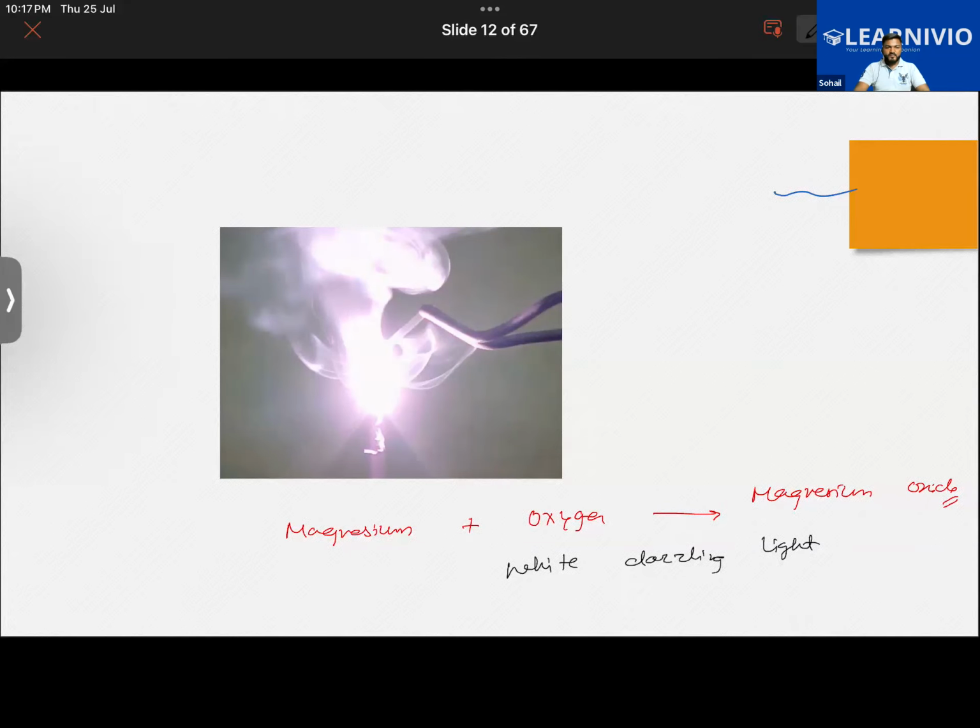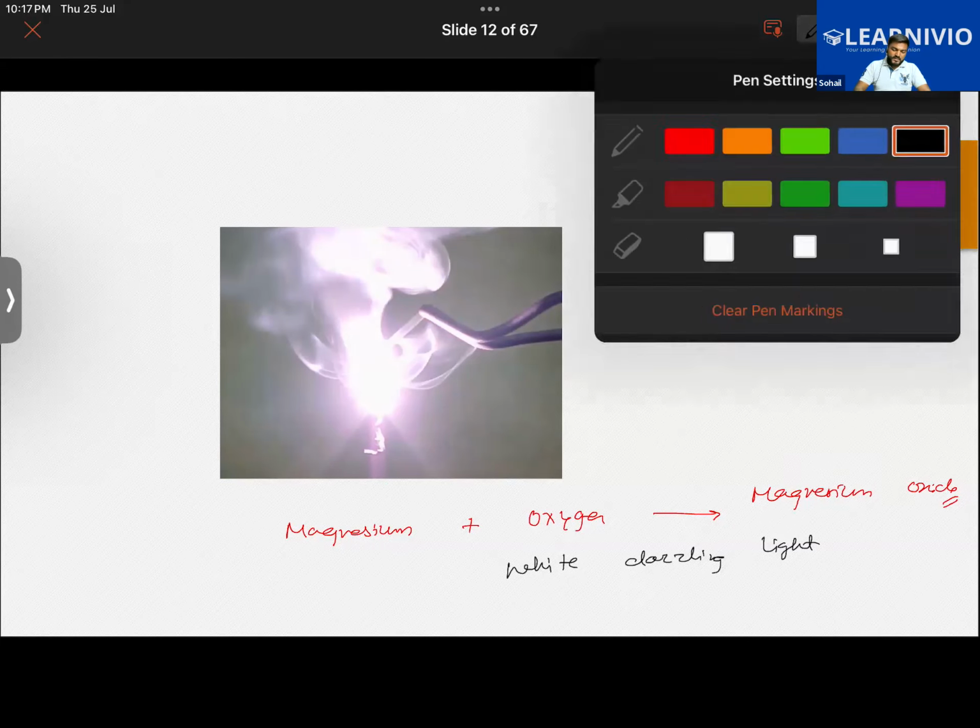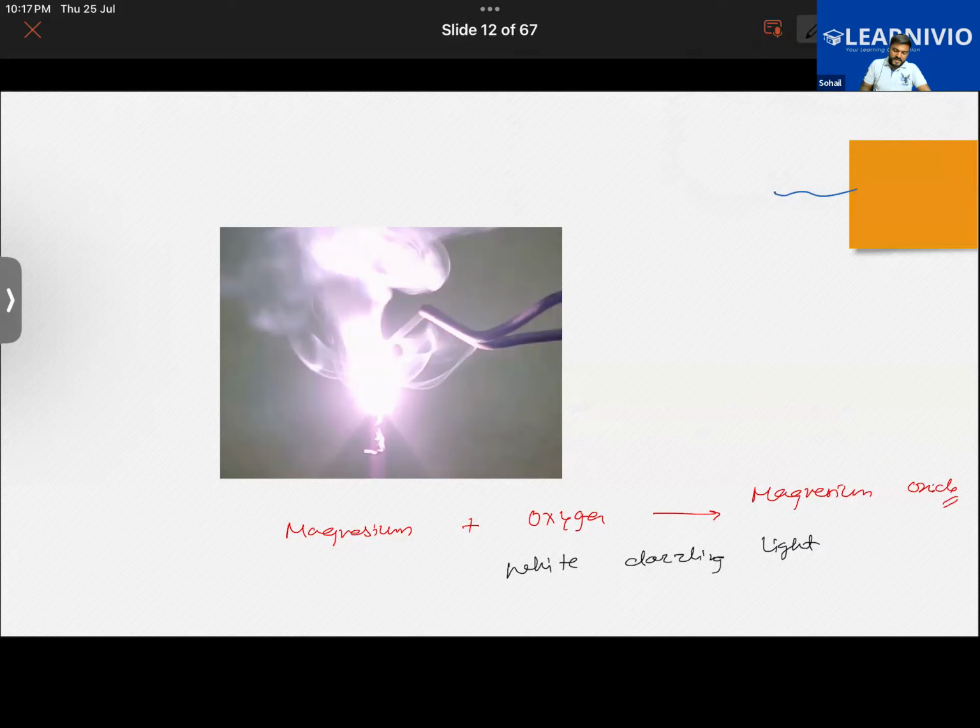Furthermore, after burning is done, this magnesium oxide will be collected as a solid residue.